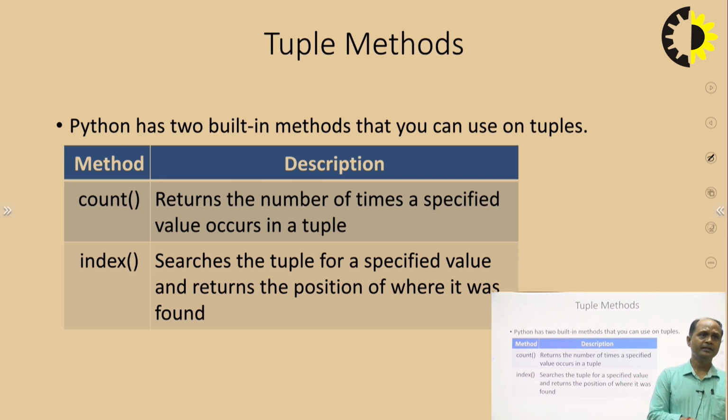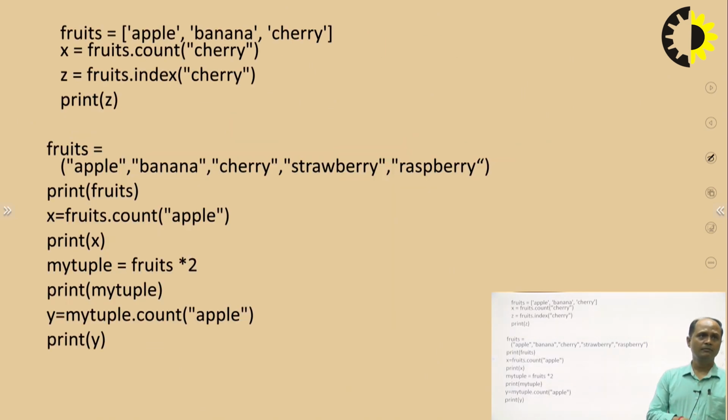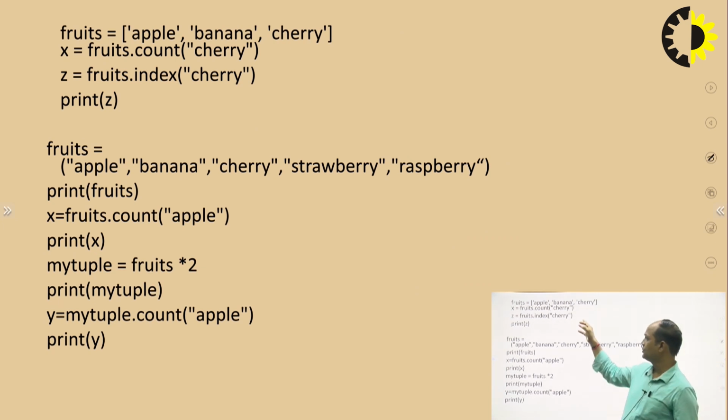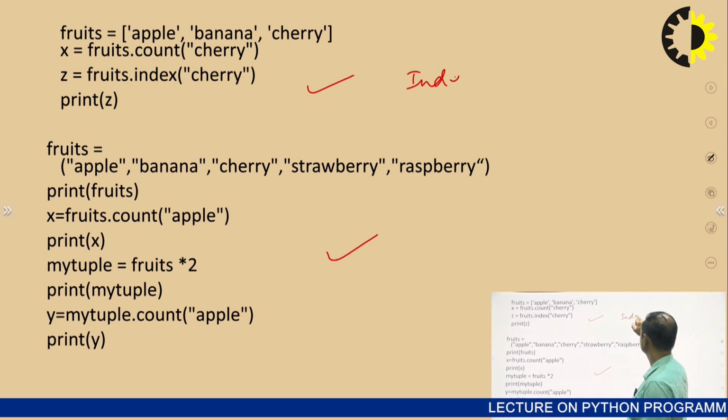And what is the index method? It searches the tuple for a specified value and returns the position where it was found. This is an example of index, and this is an example of the count method.